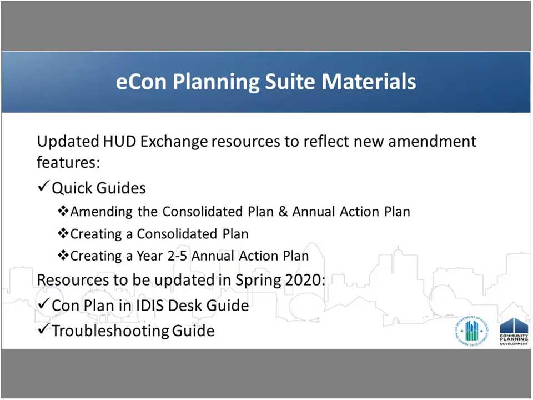We've also updated some of the quick guides that speak to how to create a con plan and year 2 to 5 annual action plan, because as we'll get into further along in this presentation, the copy function has changed significantly, and that will impact the way grantees can create new con plans.